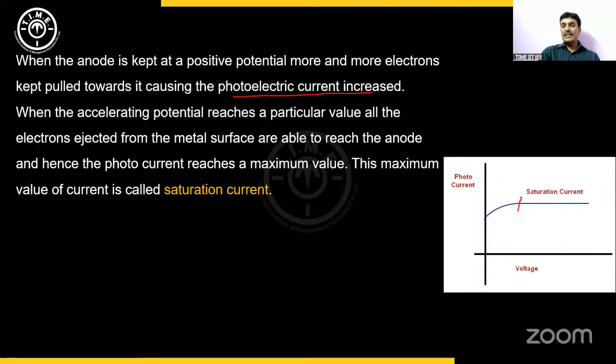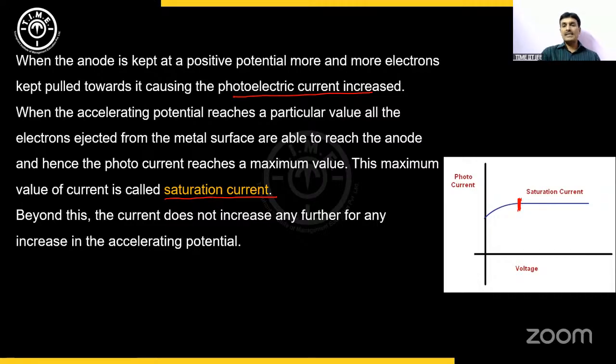So the current reaches a saturation value, a constant value. That particular current is called the saturation current. Beyond this, even if the potential is increased to this value, or even this value, there is no further increase in current. Current is maintained constant.